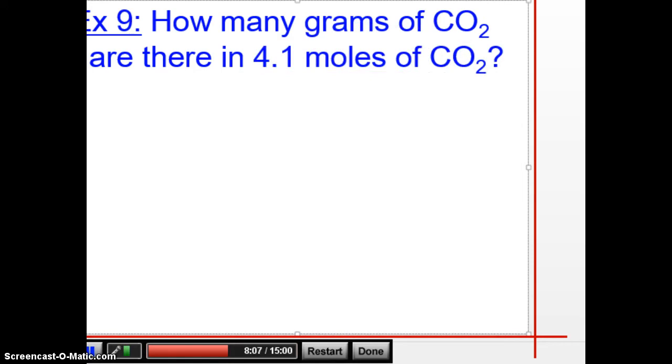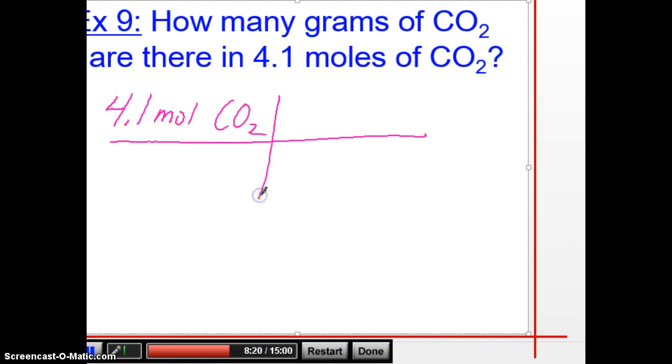So let's challenge ourselves with one last fun problem. We have 4.1 moles of CO2. Draw my line. And I'm just going to automatically put moles of CO2 at the bottom. And I'm going to put grams of CO2 at the top.